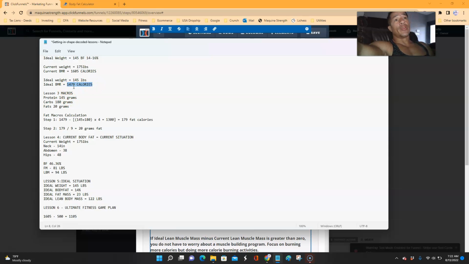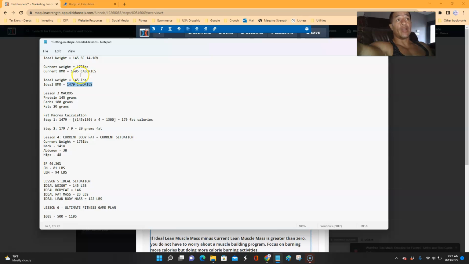This is way lower than what my ideal BMR is. Essentially, my rule of thumb is you want to eat and train and just get your body used to being at your ideal situation. So if you are more than 30 pounds away, you use your current BMR and subtract 500 calories to create a 500 calorie deficit.